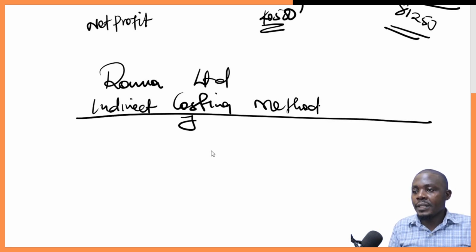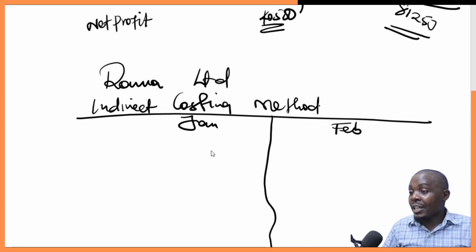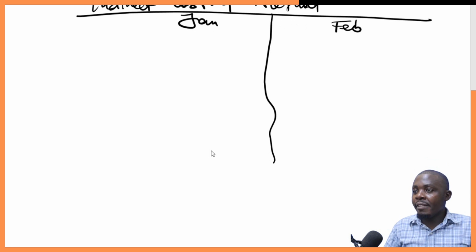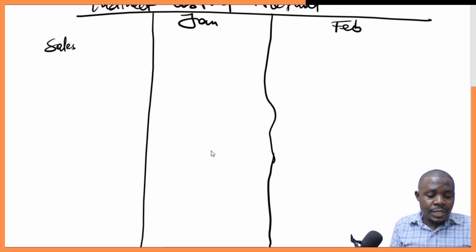We have January, February. We only have the slight calculations when it comes to production cost per unit, but everything remains the same. In that case, we can start with the sales. Sales, we are just going to get the same figure.